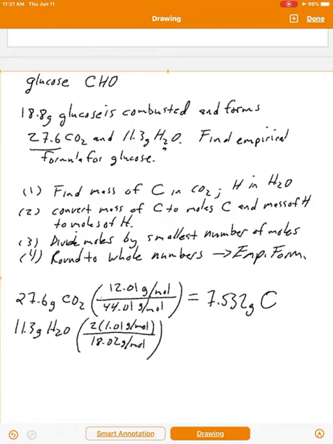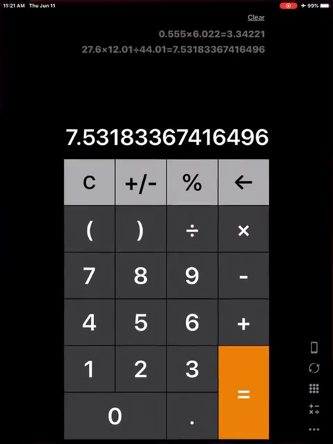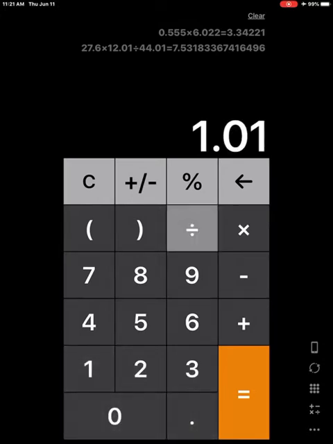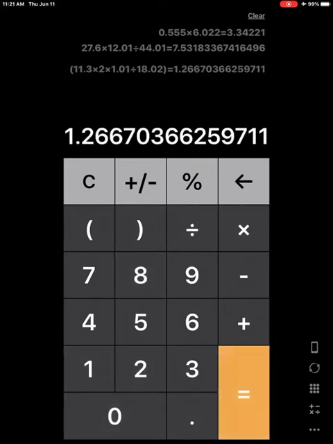Again, I won't explicitly show you how to get that 18.02, but that's just the molar mass of water, 2 hydrogens and 1 oxygen. So 11.3 times 2 times 1.01 divided by 18.02, and you get 1.267.